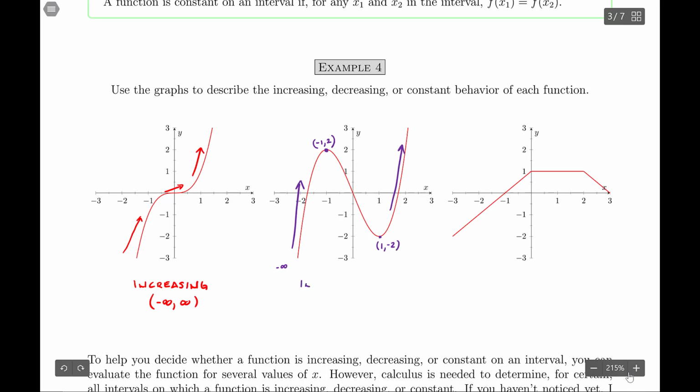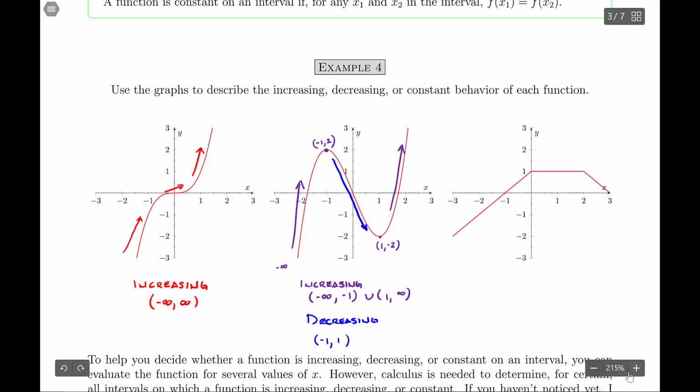So this is increasing from negative infinity to negative 1, and then again from 1 to positive infinity. Now it's decreasing in this middle portion right here, so it's decreasing from -1 to +1.